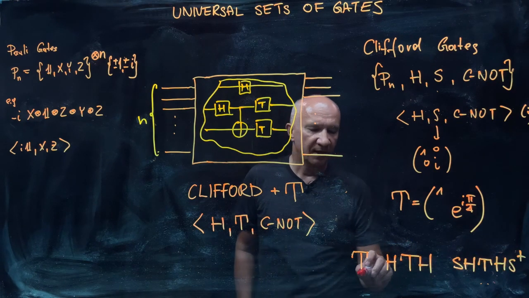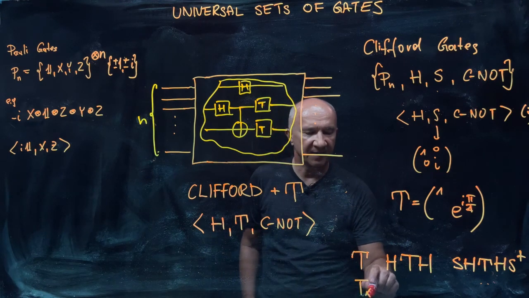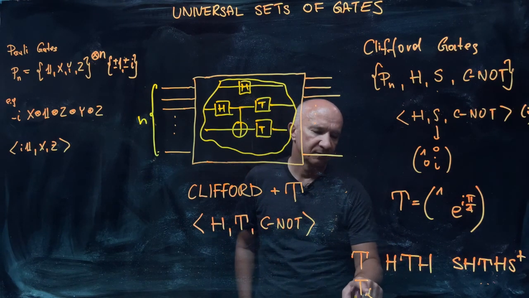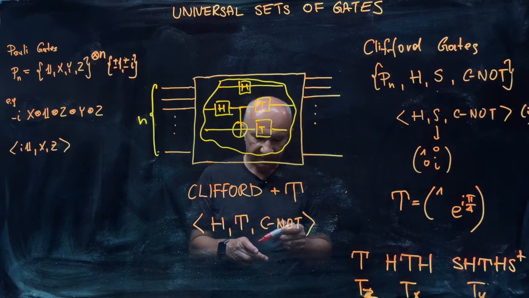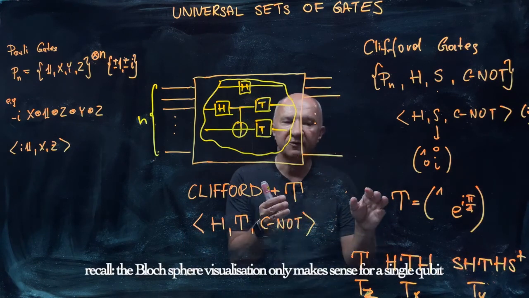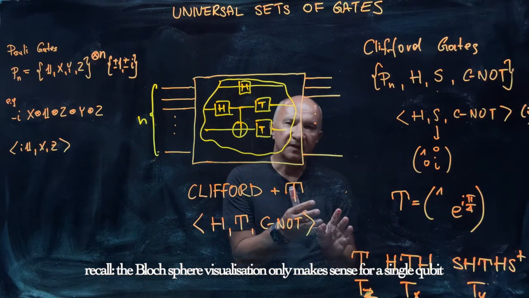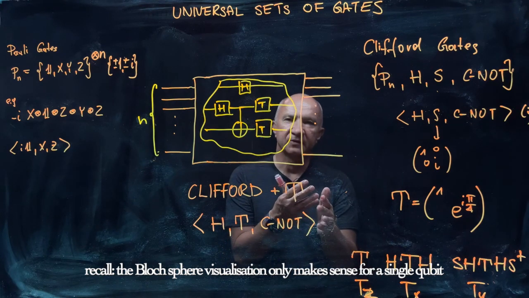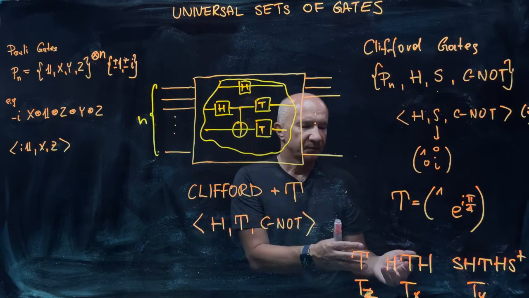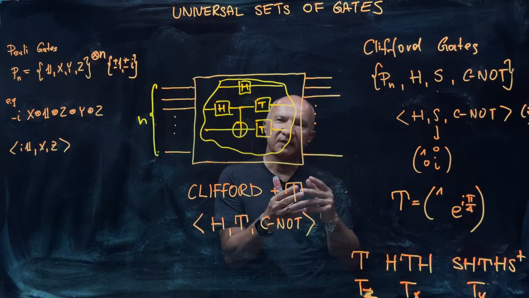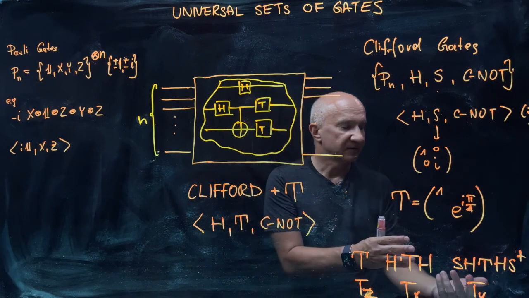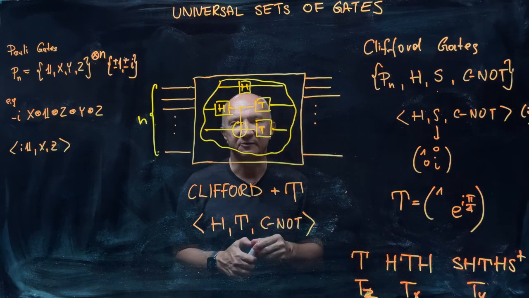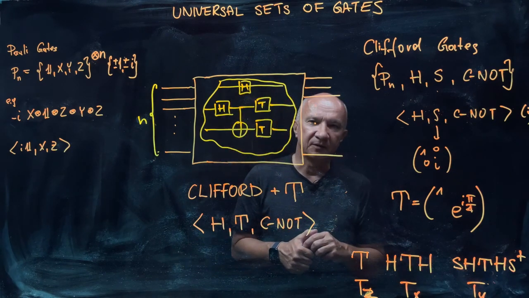Those gates are quite often called TZ, TX, and TY. In the language of the Bloch sphere, TZ, which is a T gate, is rotation by 45 degrees about the Z-axis. TX is rotation by 45 degrees about the X-axis, and TY is rotation, of course, by 45 degrees about the Y-axis.